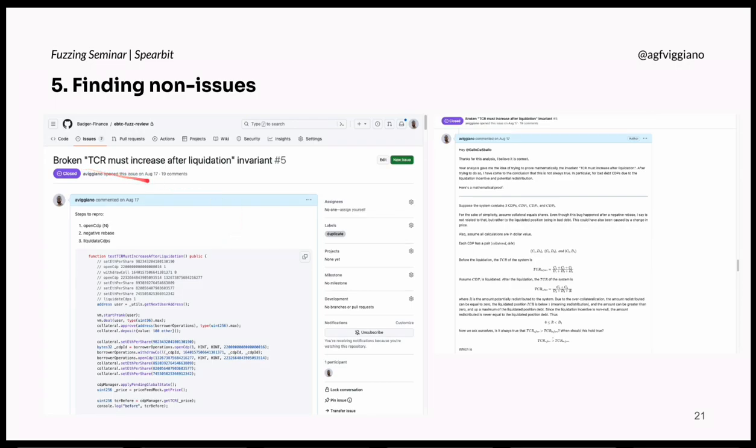So as a result of this non-issue, we updated the invariant and just had an if else. If there was a redistribution of bad debt, then check for another invariant. But if not, then this should always be true. And then the test would pass and the fuzzer wouldn't find other instances of this problem.